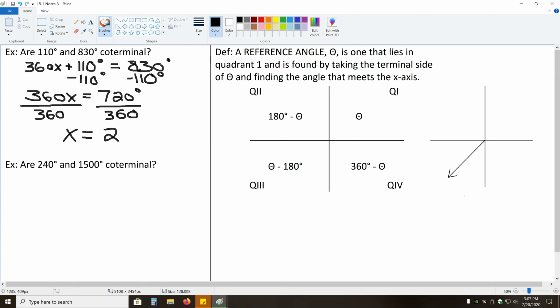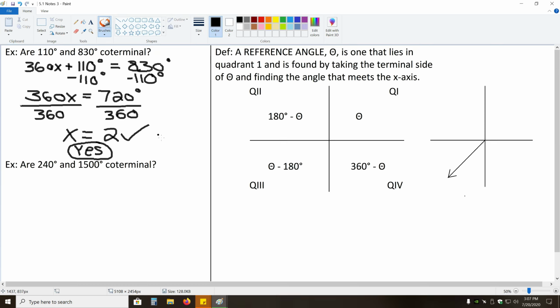Technically 2 degrees, but the degree symbol doesn't matter in this case. All we care about is, is this a whole number that's positive or negative? Meaning, is it an integer? And in this case, it is. So that tells us, yes, 110 degrees and 830 degrees are coterminal angles.